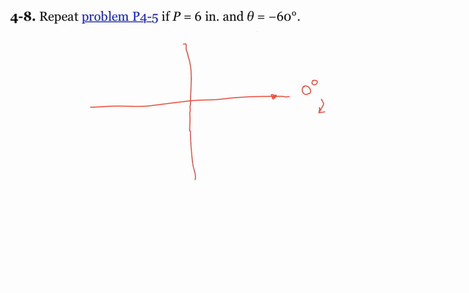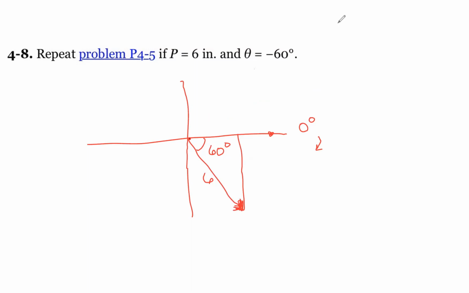So that means negative 60 degrees is going to end up in quadrant 4, where this is 60 degrees. Here's my triangle. And P, which is the vector itself, or the hypotenuse, or again, if you were on a circle, the radius, is 6.